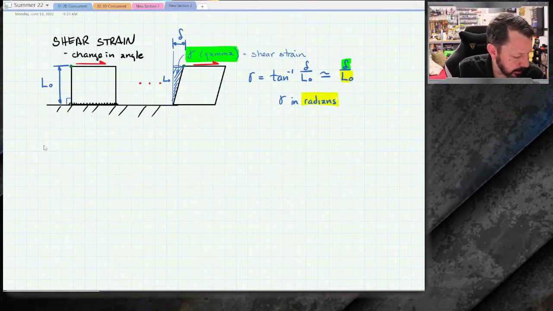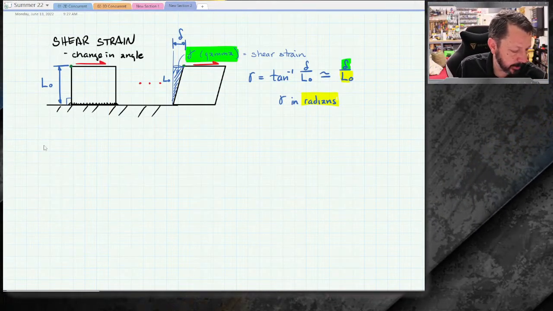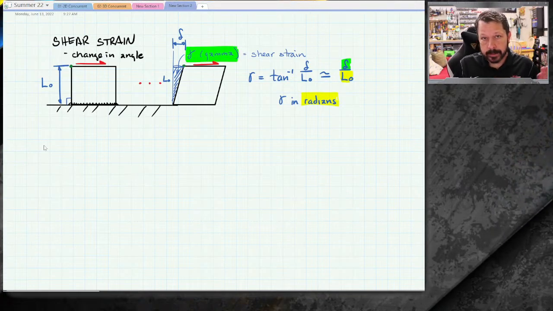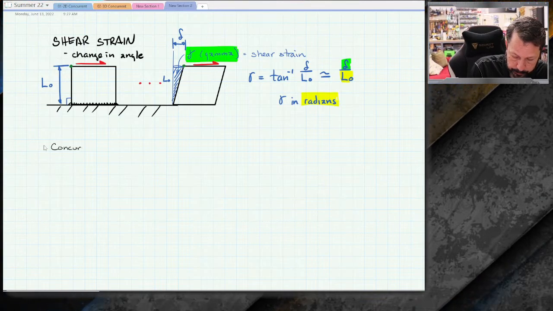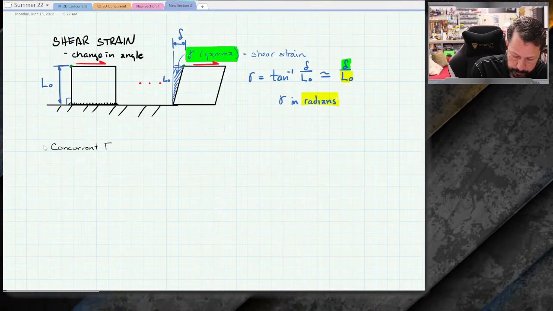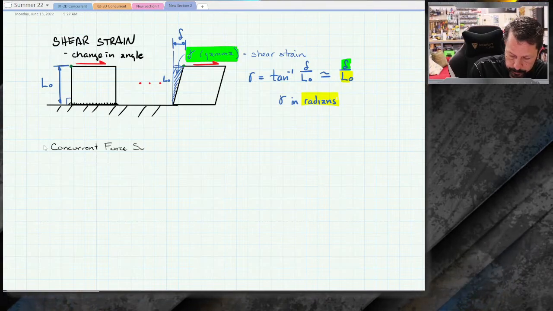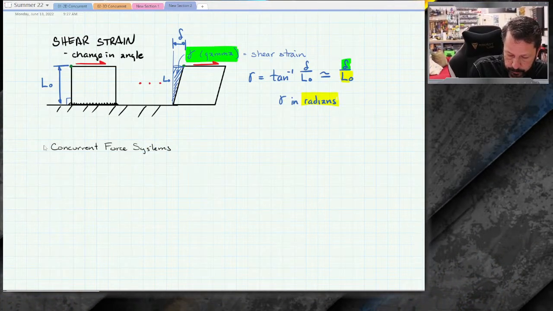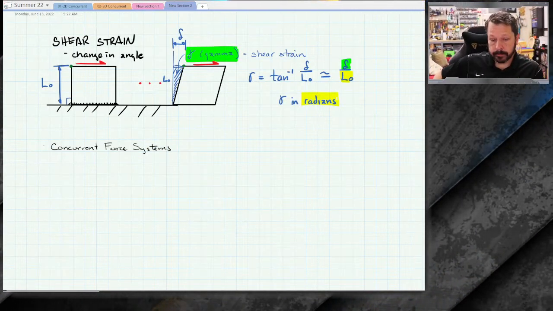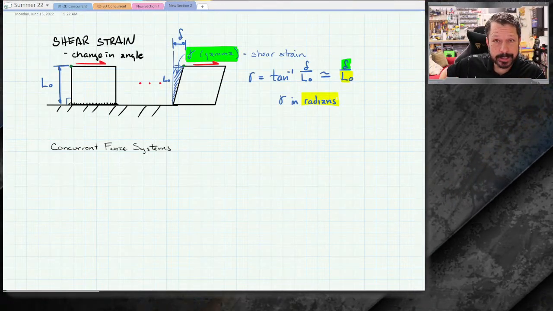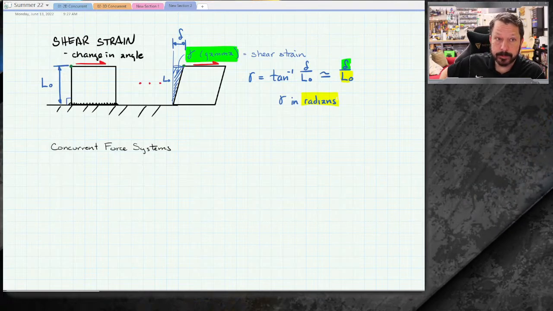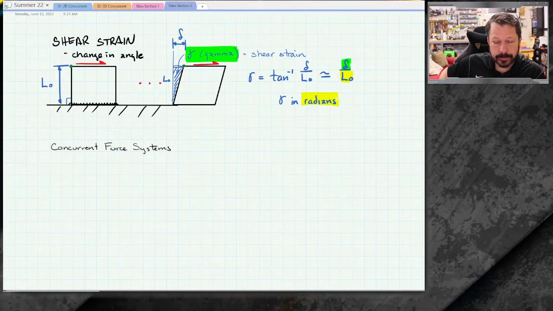There is a thing we need to talk about first, and that's the fact that we've been dealing with concurrent force systems. And that's been good. It's nice, summation of forces in the x direction, in the y direction, maybe in the z direction. They all add to 0.